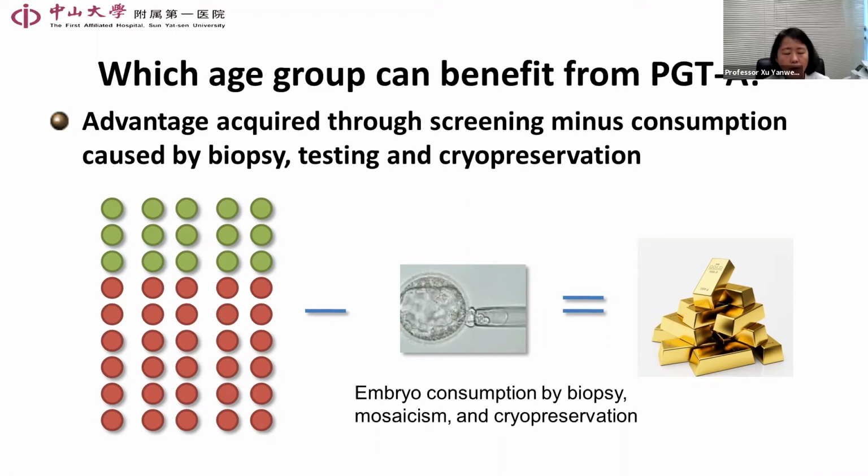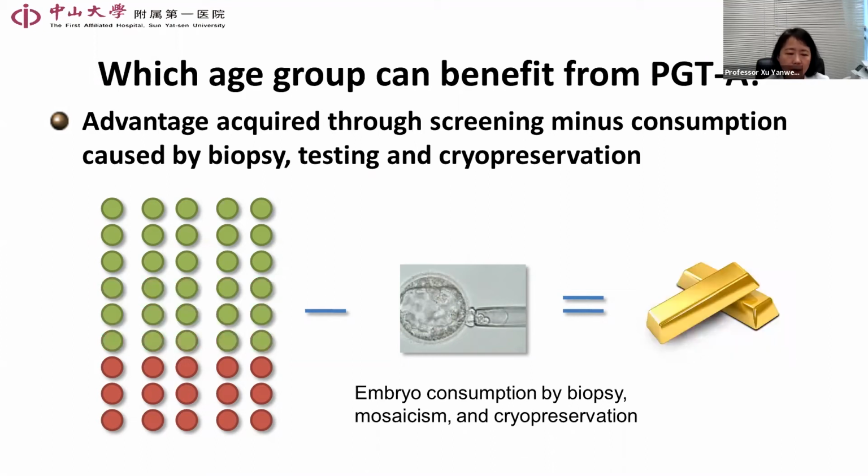For example, in the age group with more than 70% aneuploidy rate, the patient may benefit from the selection, because for each blastocyst transferred she has more than 70% chance of transferring an aneuploid embryo, and only 30% chance of transferring a euploid embryo. And this benefit may be higher than the consumption caused by biopsy, mosaicism, and cryopreservation.